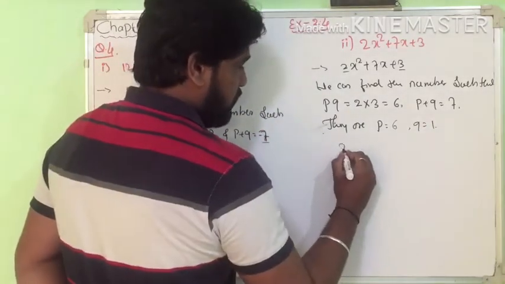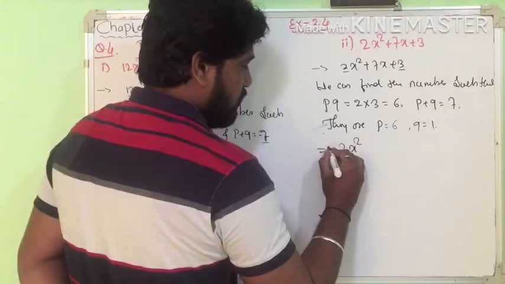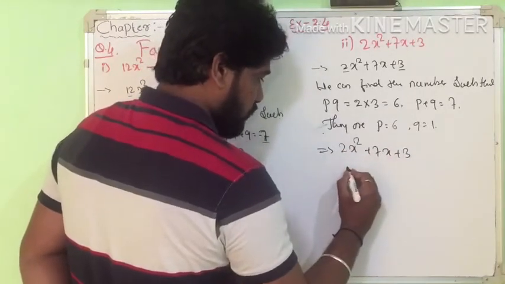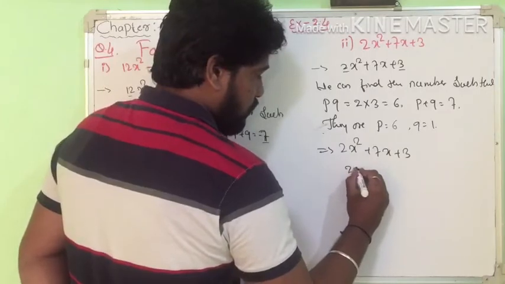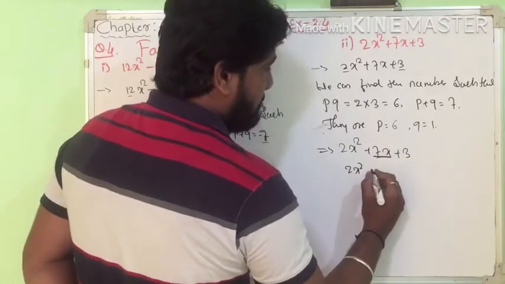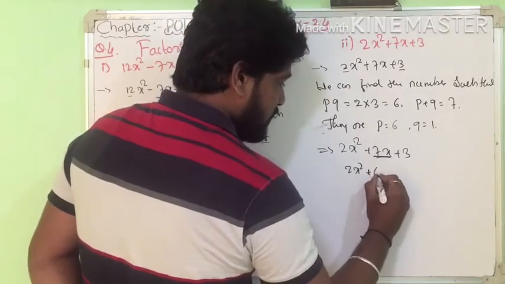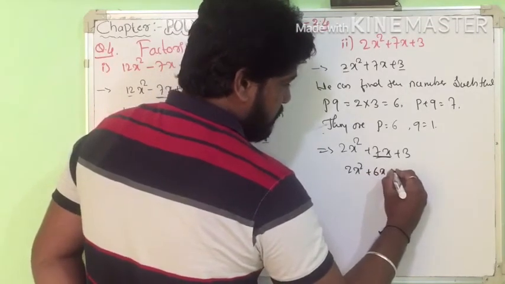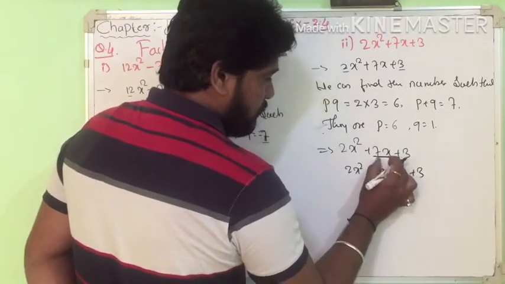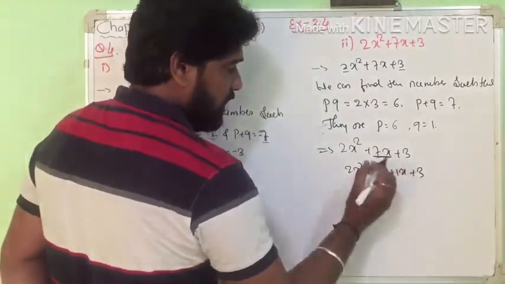So write down the given equation 2x square plus 7x plus 3. We can rewrite this as 2x square plus 6x plus 1x plus 3. See, 6x plus 1x becomes 7x, so we split here, right?